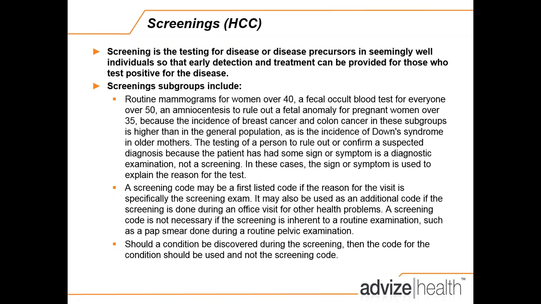This information is kind of crammed, but all in all, make sure we know the screening, the age, and the particular specialty you're dealing with, so that you know the differences.